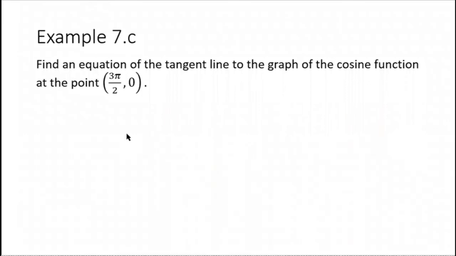Okay, example 7, letter C. Find an equation of the tangent line to the graph of the cosine function at the point 3 pi over 2, 0.